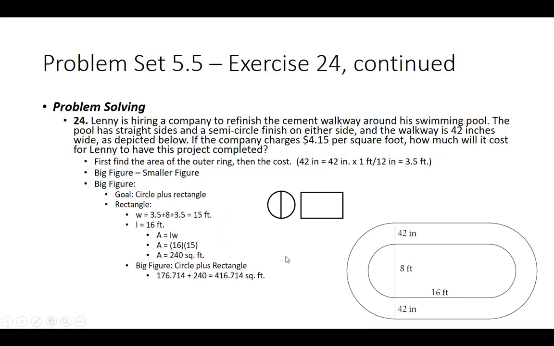Now we need to find the area of the big rectangle. For the rectangle, once again, one of the sides is going to be 3.5 feet plus 8 plus 3.5 feet. That gives us 15 feet for a width, and we have 16 feet for the length.